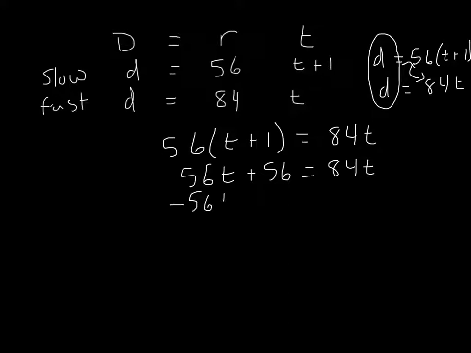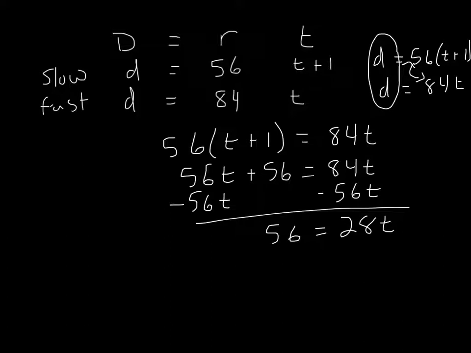Subtract 56t from both sides. 56 equals 28t. Divide by 28. And the time is 2 hours. So they drove for 2 hours.